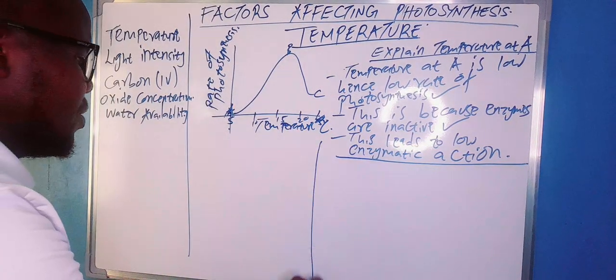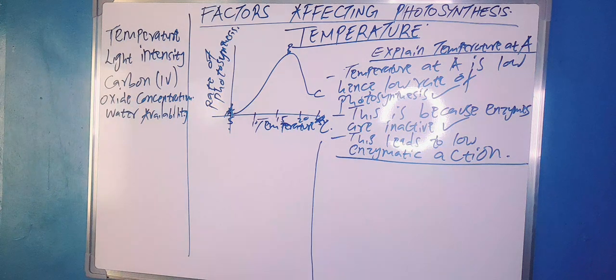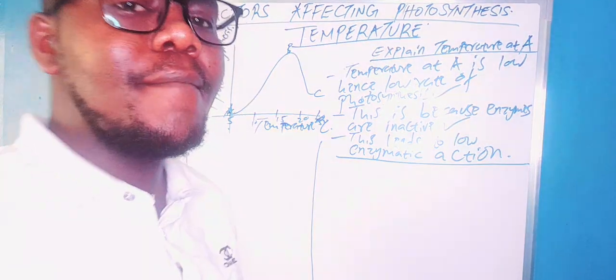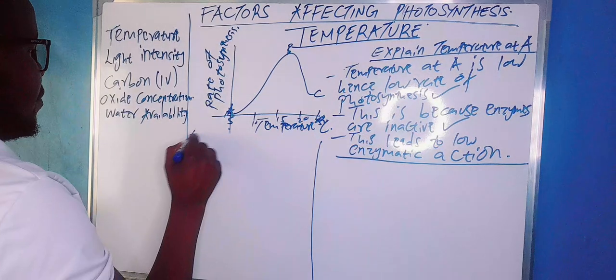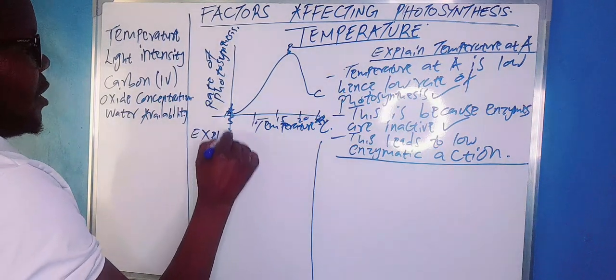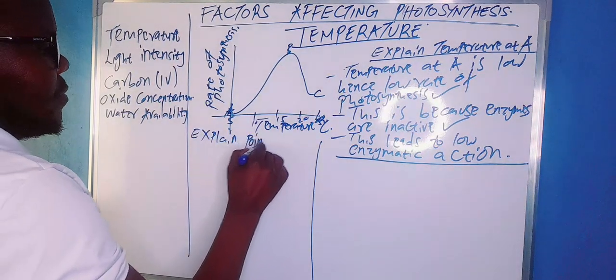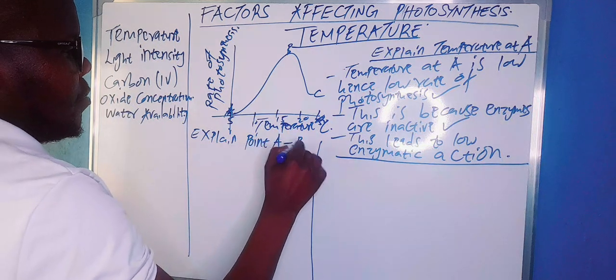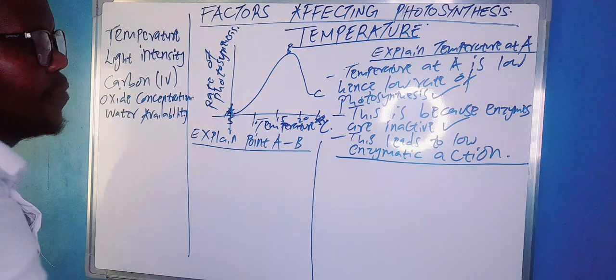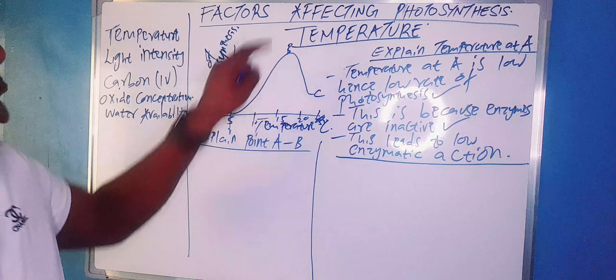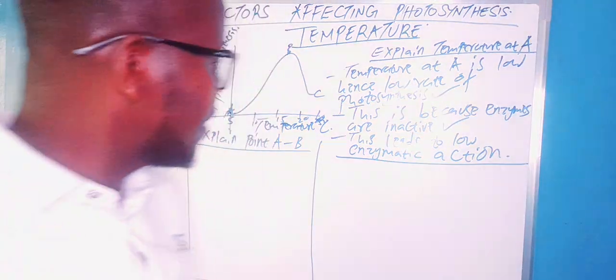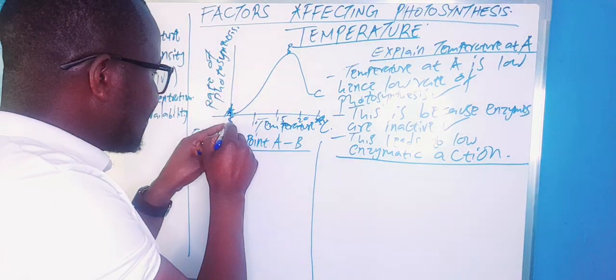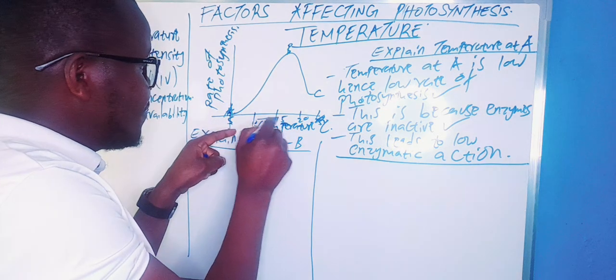So let's go to the second one. We explain from point A to B. So it's about this point to this point. What is happening? Our temperature is increasing, starting from 5, 10, 15, 20.